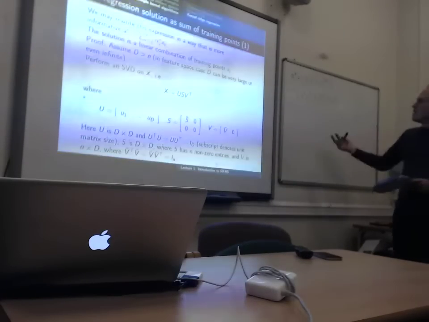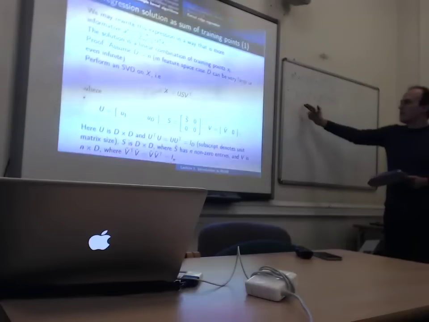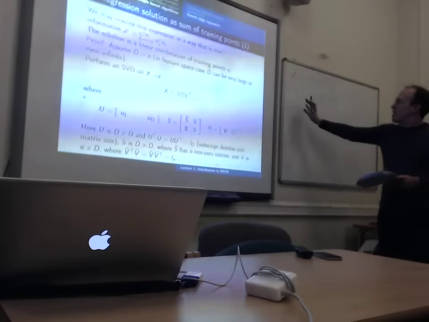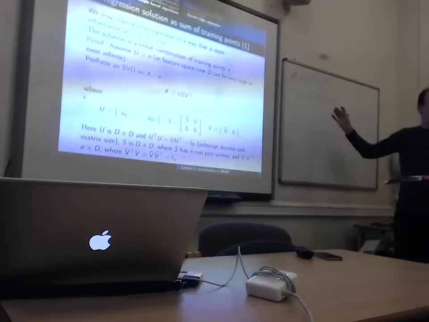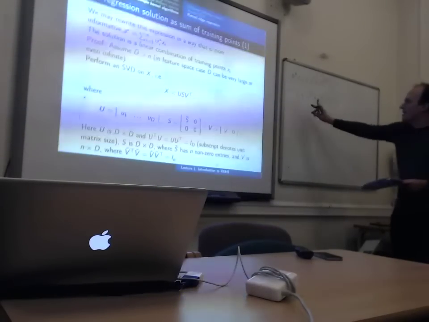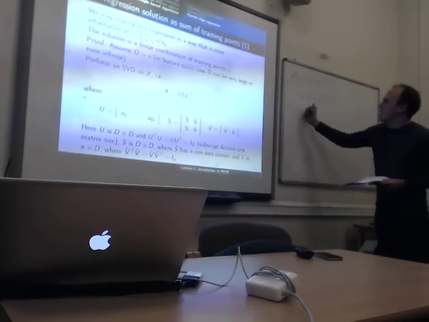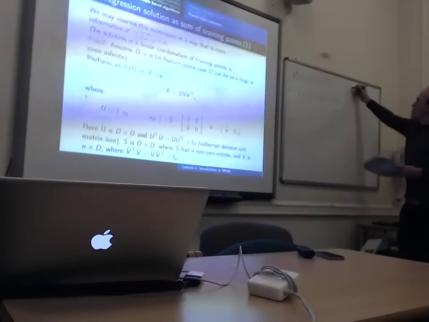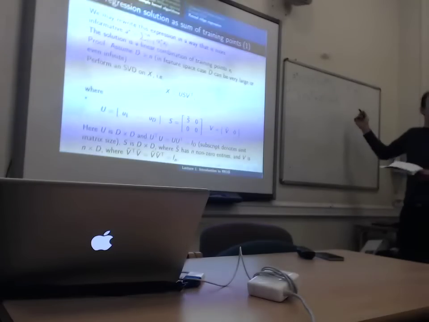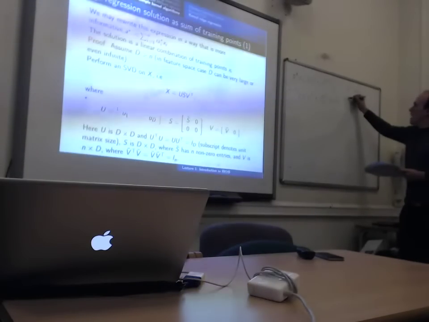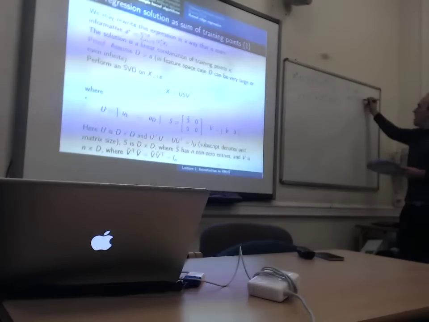Now here's the next trick. Because U is an orthogonal matrix, its inverse is its transpose. Okay? So that means that I can take these U's out of the inverse just by transposing them and swapping the ordering. So I'm using here that U inverse is U transpose because U is orthogonal. I'm using also that AB inverse is B inverse A inverse.